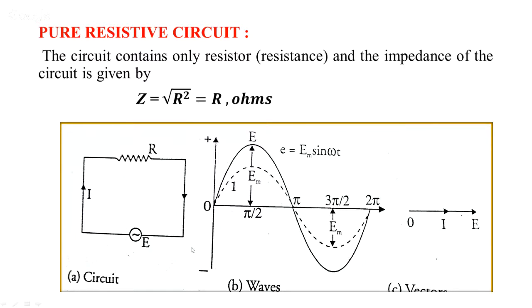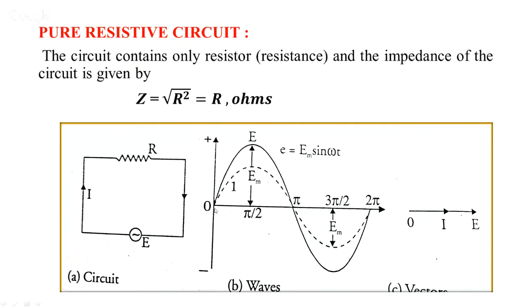Now, here you can see in a pure resistive circuit, we have considered the two alternating quantities, voltage and current. So here, this is E, the voltage wave, and this is I, the current wave.